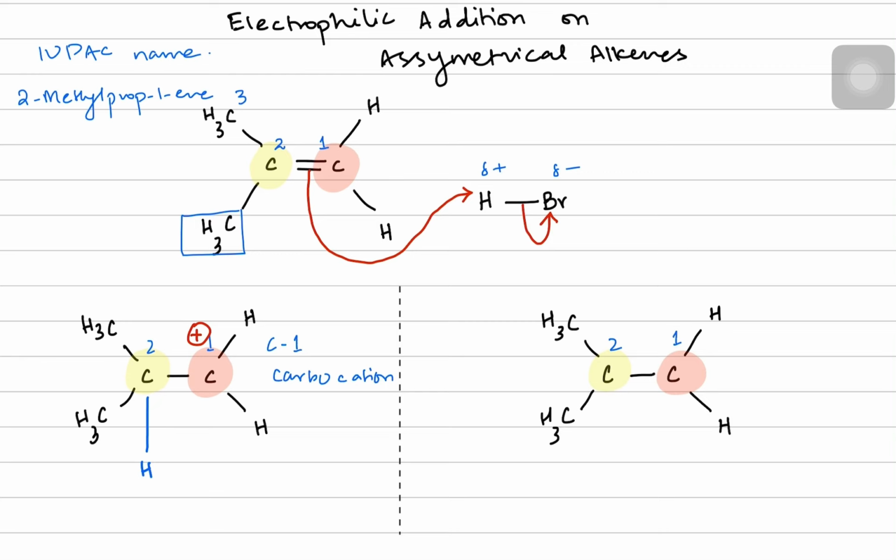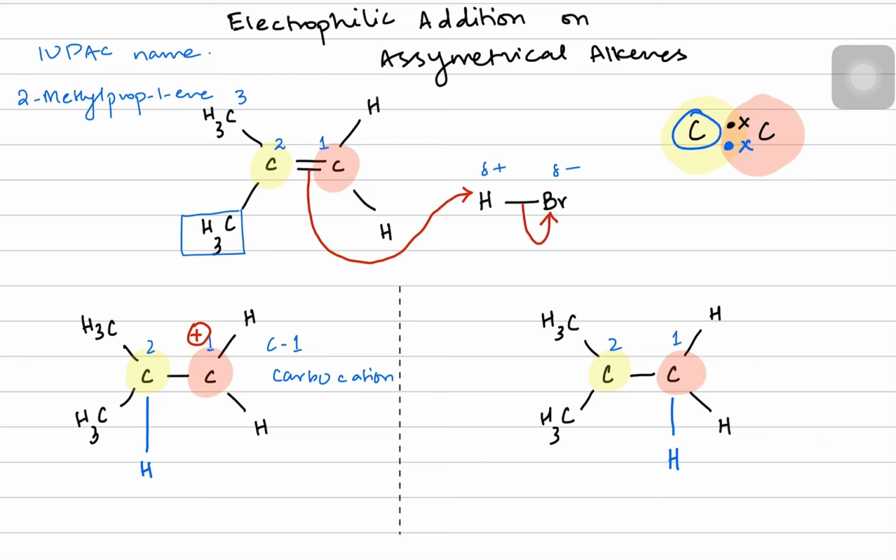Or another possibility is that the electrophile makes a bond with the red carbon using the pi bond electrons, while the yellow carbon has lost its electron. Because if you remember, the yellow carbon and the red carbon had two electron pairs, right? One was the sigma and one was the pi.